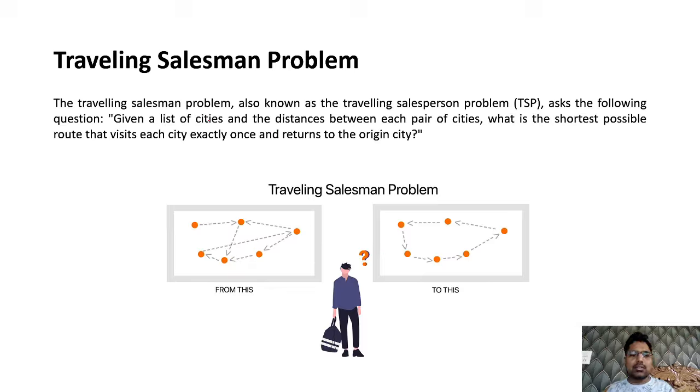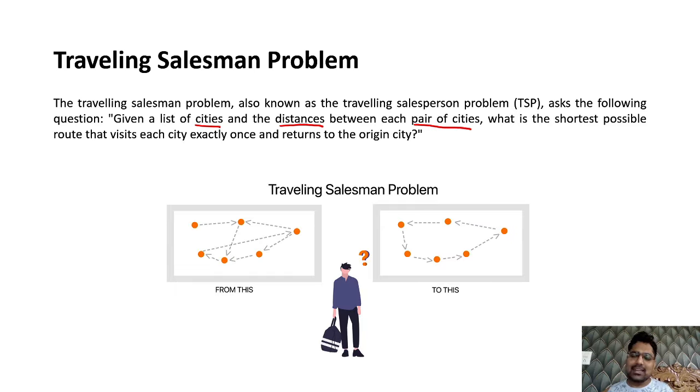This particular definition I have collected from Wikipedia. You can visit that also. The detail is written there. So given a list of cities as well as the distance between each pair of cities, that will be given, meaning weights are assigned to all the edges.